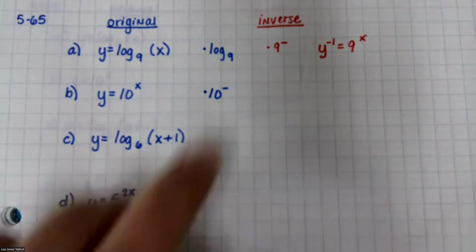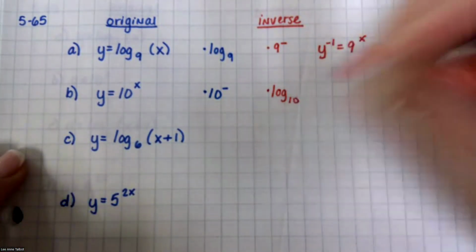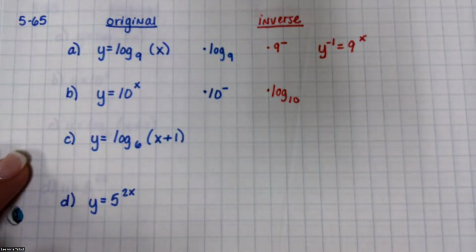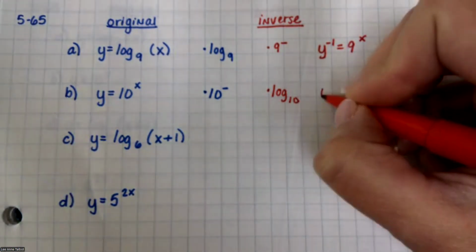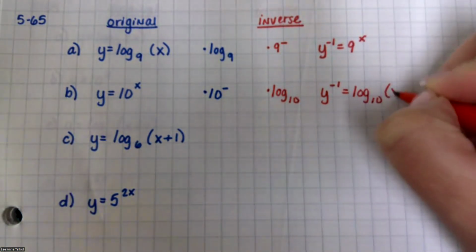Okay, what undoes 10 to the? Log base 10. So my inverse is log base 10 of x.